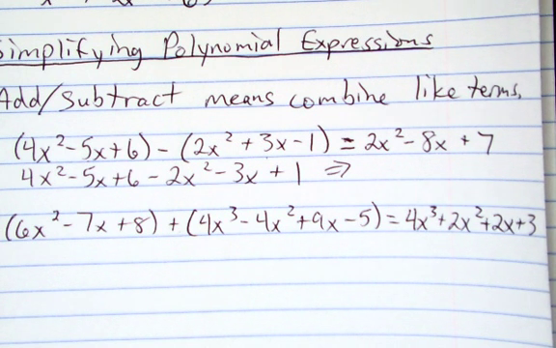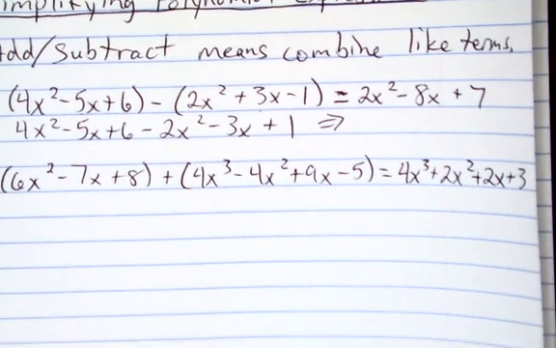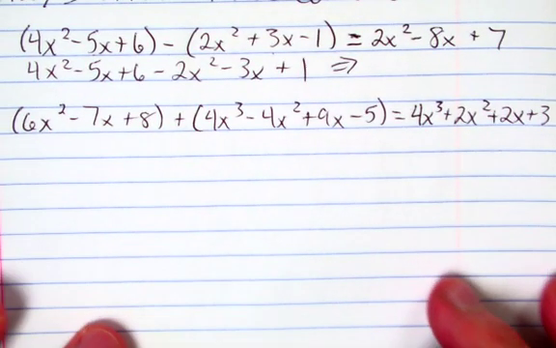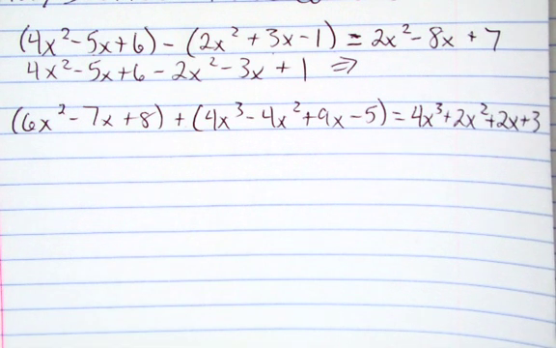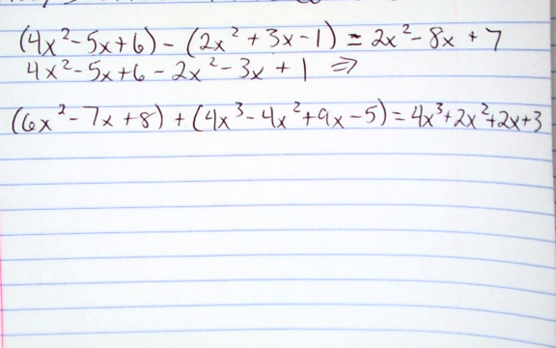With multiplication, we are distributing. And this is something that we've covered before. FOIL, for instance, was an example of multiplying polynomials together. Strictly speaking, FOIL was multiplying two binomials together.